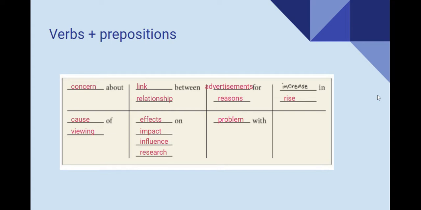These are the common combinations: concern about, cause of, viewing of, link between, relationship between, effect on, impact on, influence on, research on, advertisements or reasons for, problem with, increase in, and rise in.